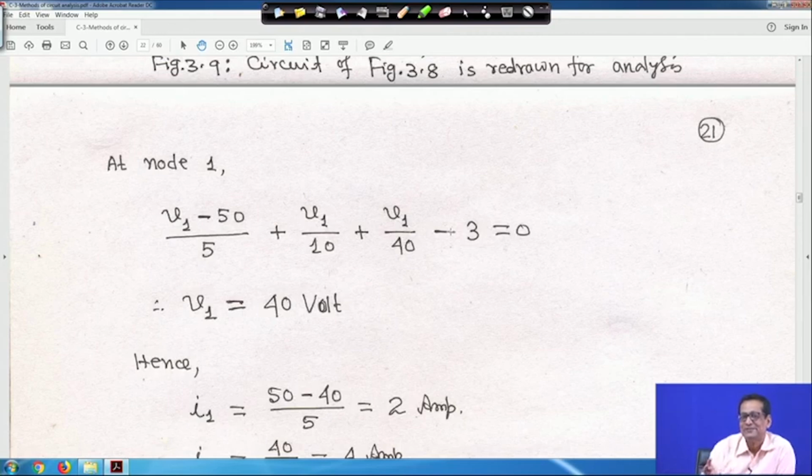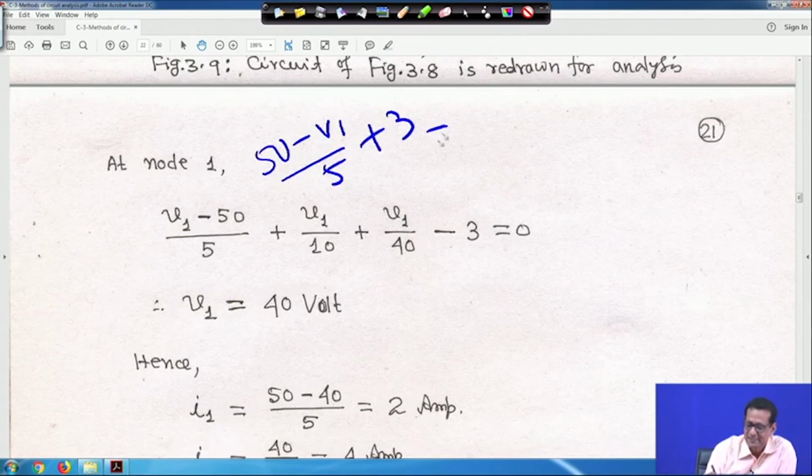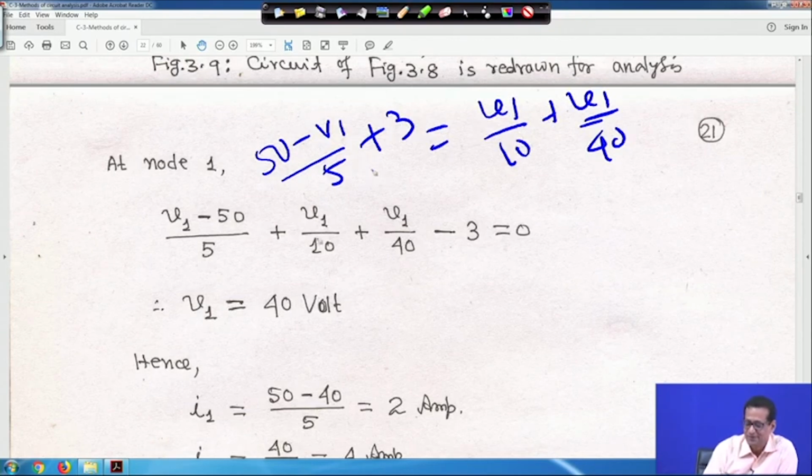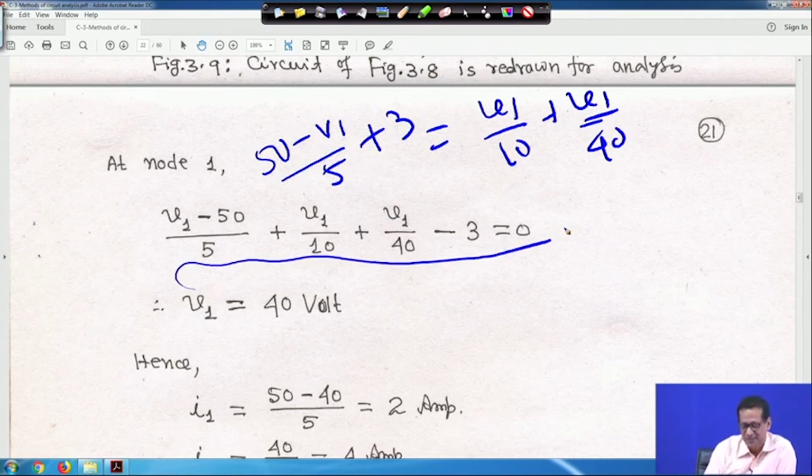Just for the purpose of explanation I wrote everything, but you can write it directly. The equation was 50 minus V1 by 5 plus 3 is equal to V1 upon 10 plus V1 upon 40. If you bring everything to one side, it will look like this, the same thing. Solving this, you will get V1 equal to 40 volt.